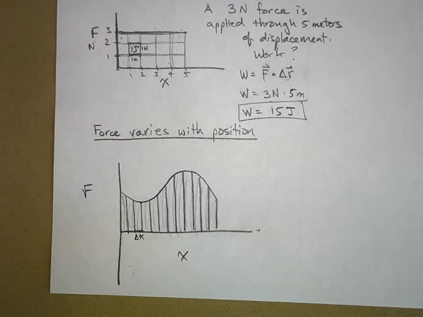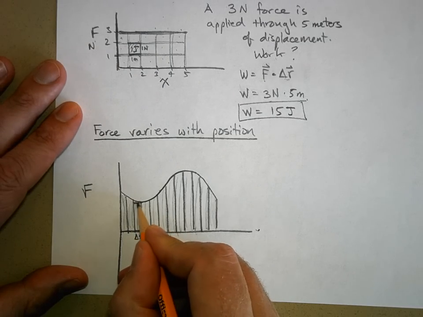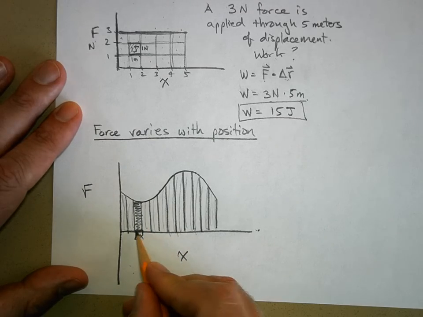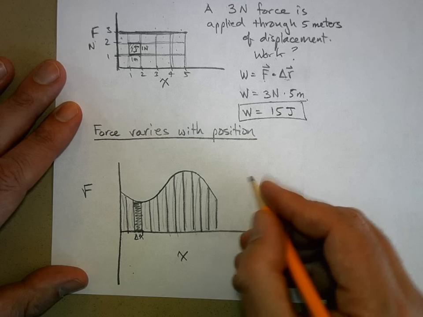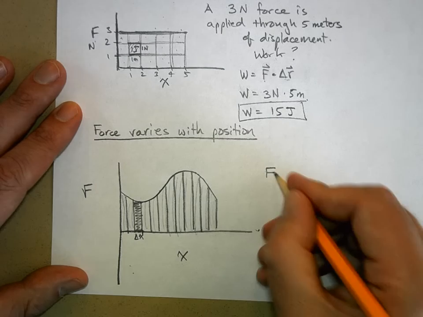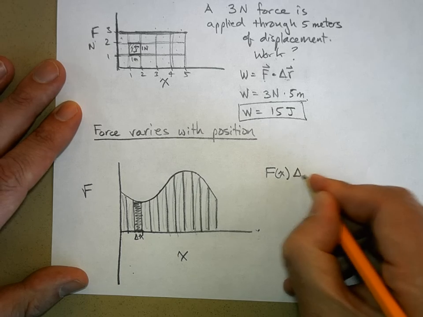Now F here means force, not function. Of course, the force is a function here. But the area of this rectangle right here, if this is x, this delta x, you would say, well, that little bitty area is the force at that x times delta x.